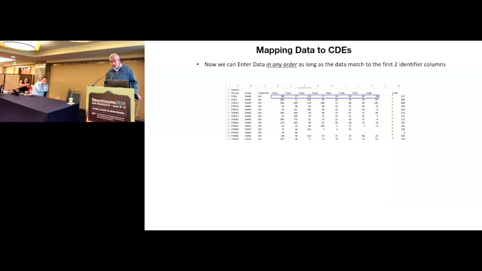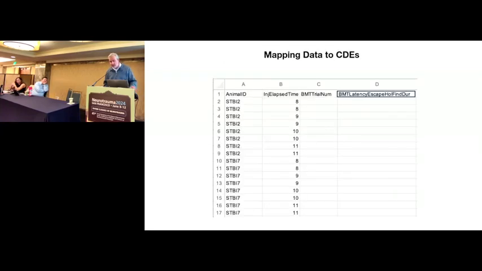What you may realize, though, is when we're trying to get this into a format that could be readable and common across different labs, since we want our variable names to be at the top of our list here, we don't want separate variable names for each time point. We don't want BMT latency escape hole finder 1 and BMT latency escape hole finder 2.